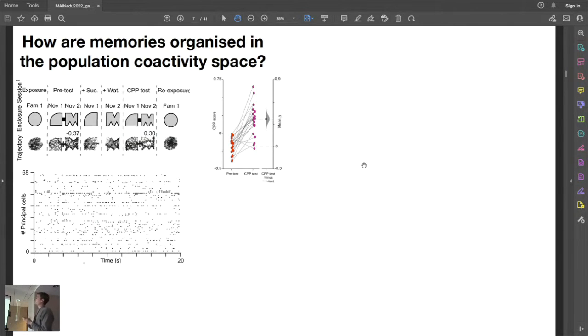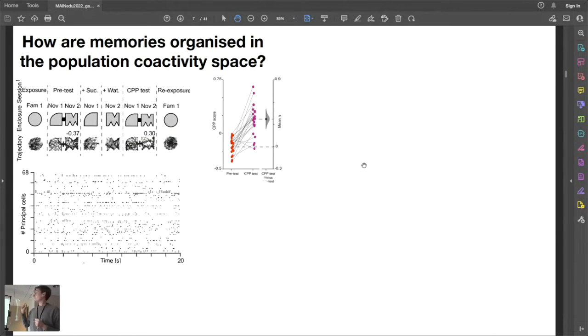Then after this test, we take the animals back to the familiar environment because we are interested in seeing how a very familiar representation, because this mouse has been seeing this familiar environment all its life, has actually changed after the task.